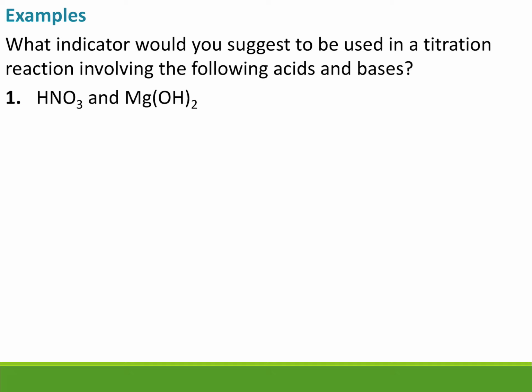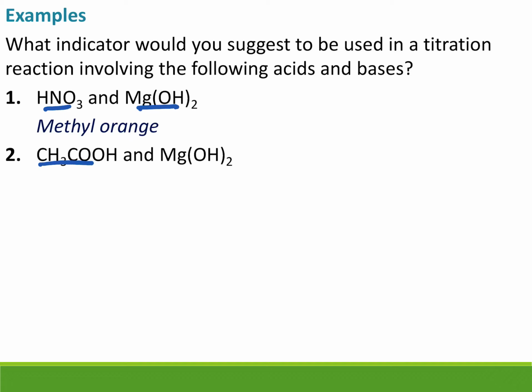So how do we use this decision? It says, what indicator would you suggest to be used in a titration reaction involving the following acids and bases? The first one is HNO3 and MOH2. Strong acid, weak base. That means it's going to make an acidic salt, so we're going to use methyl orange. Ethanoic acid, weak acid.